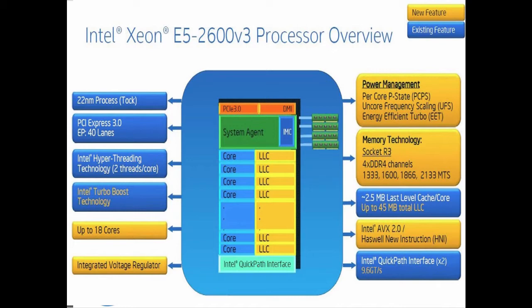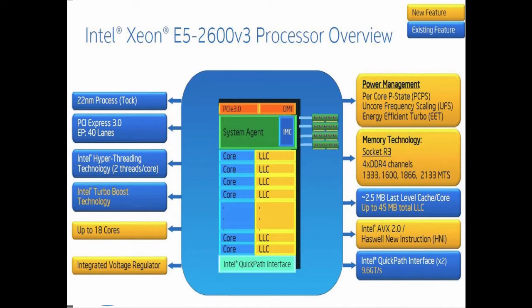So now the latest, E5 2600 V3, formerly known as Haswell. This is a block diagram showing the new socket. The things that are new are highlighted in yellow, and the existing features that are similar to previous generations are shown in blue.